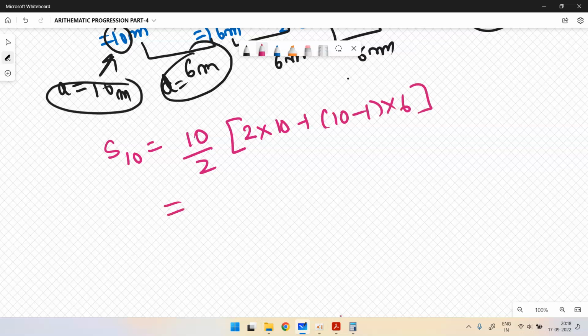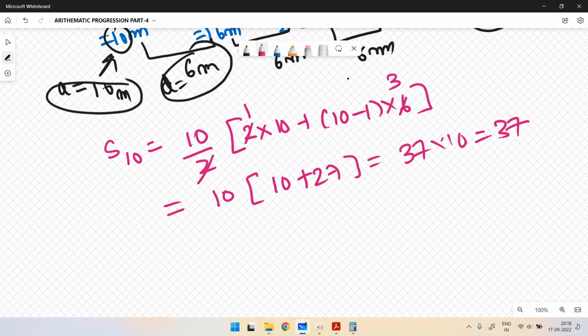This is 5 into (2 into 10 plus 9 into 6), which is nothing but 5 into 74, that is 370. This is the answer. So total 370 meters she has to run overall.